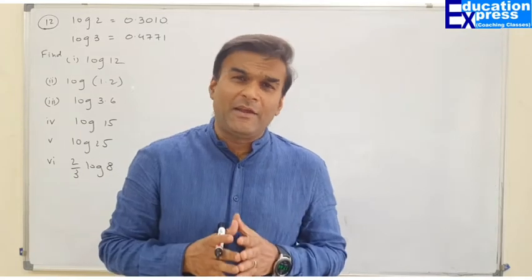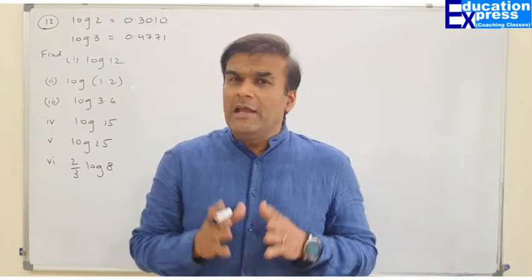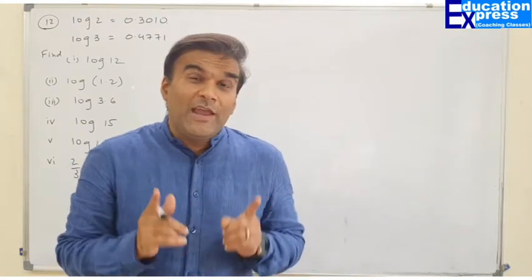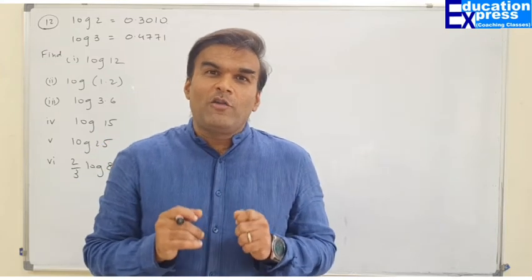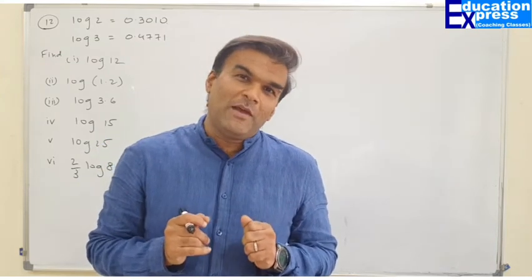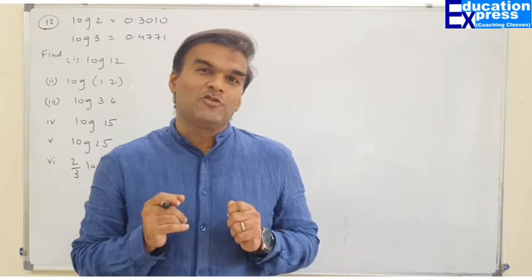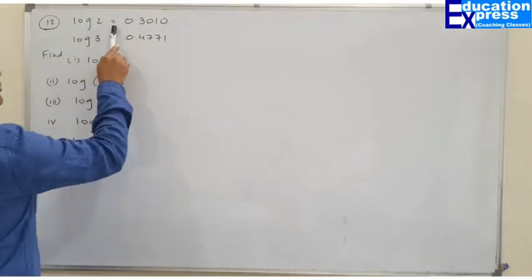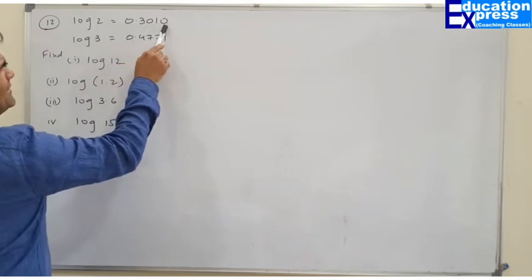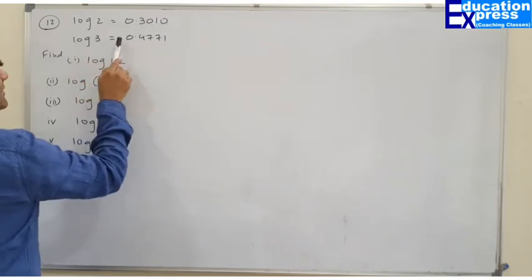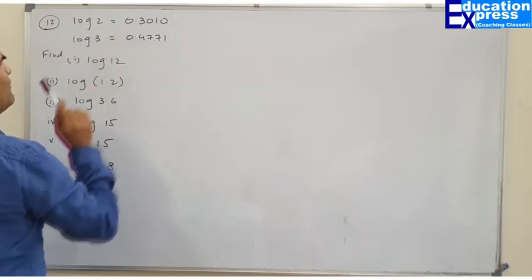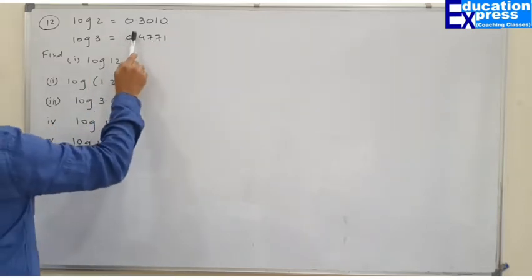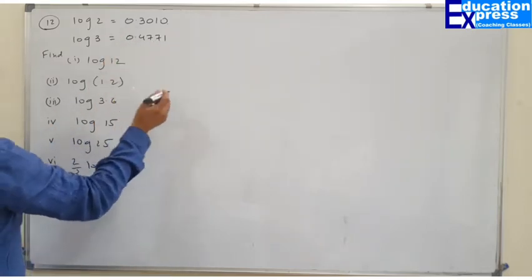They are identical, except that in question number 11, they had given us the value of log 2 equal to A and log 3 equal to B. Here in this example, the value of log 2 is given to us as 0.3010 and log 3 as 0.4771. So we have to make use of these values while solving this.